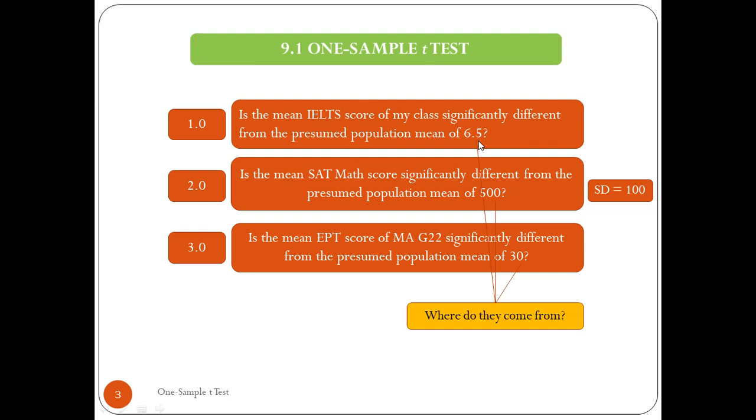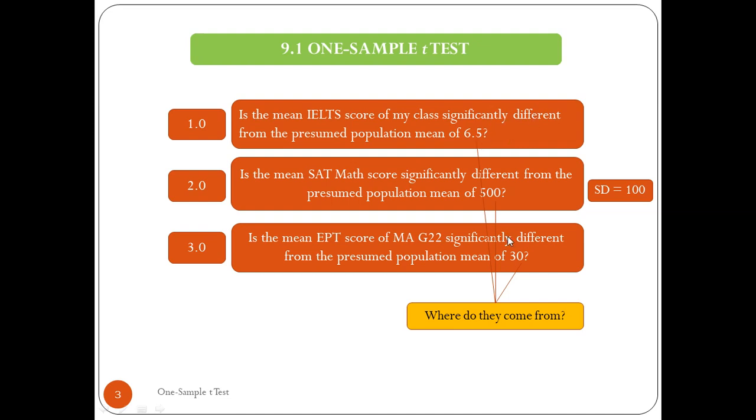It's clear that the mean score of the student population who have taken the IELTS test over the years is 6.5. So that's the mean score. That's observed. 6.5 is the mean, the center score in the normal curve. So it becomes a theory, a principle. It becomes like a fact in the population.